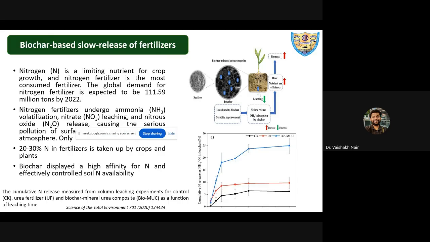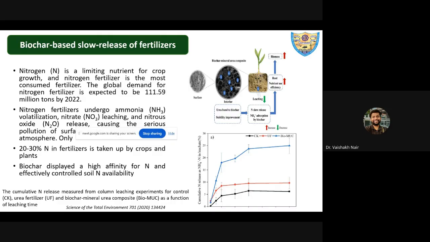The y-axis is the retention time, around 15 weeks, if I remember so. In the 15 weeks, the amount of ammonium ion lost as leachate is more in the case of urea fertilizer.